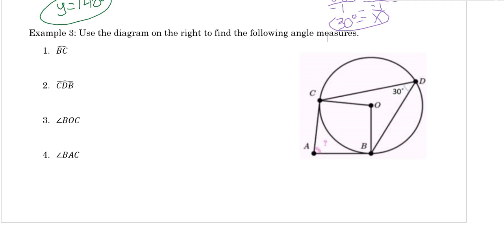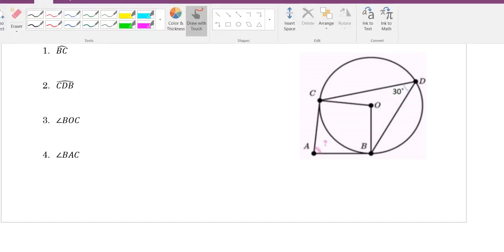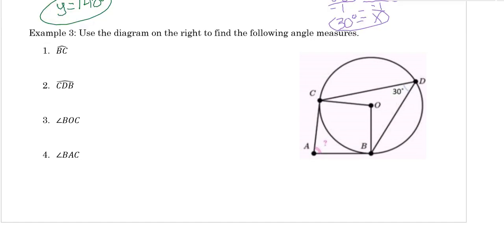Okay, so the first thing we want to do is find arc BC. One thing I notice is I know the inscribed angle. Remember, we're now using all of our rules. 2 times an inscribed angle equals the arc.